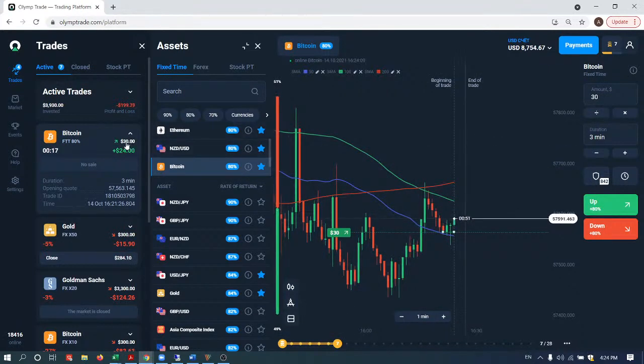All right, so this trade closes in the money. I think so. 10 seconds to go.